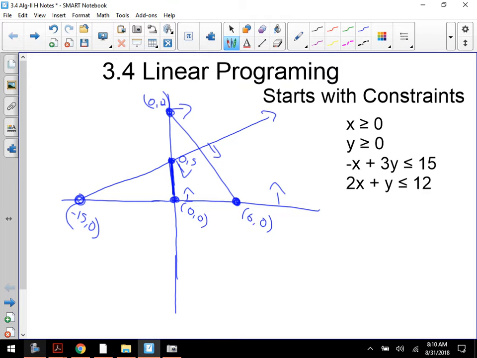I like this math, right? 0 plus 0. That's good stuff. Is 0 smaller than 12? Yeah, so it's moving inward. Which means I have to now figure out what this ordered pair is. I have to figure out the intersection between these two. So I solve that system of equations.